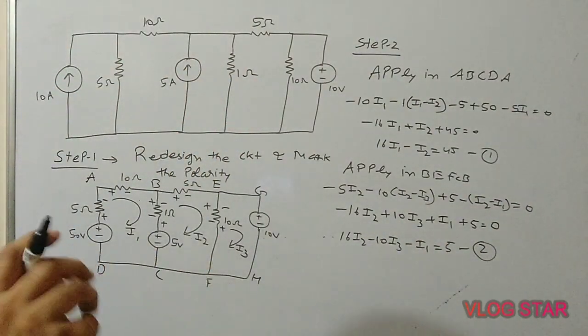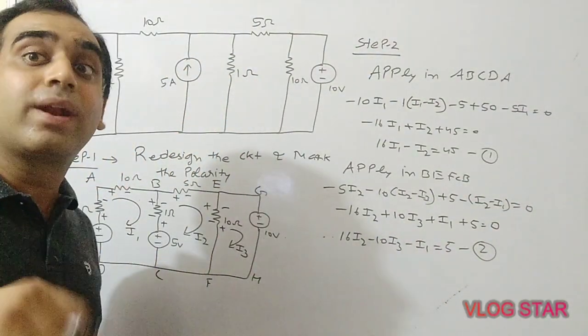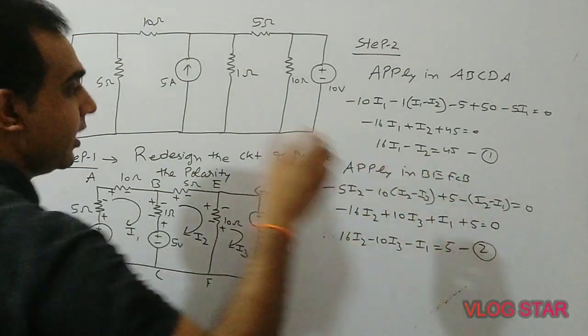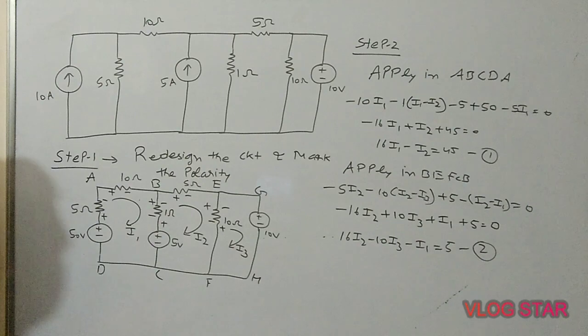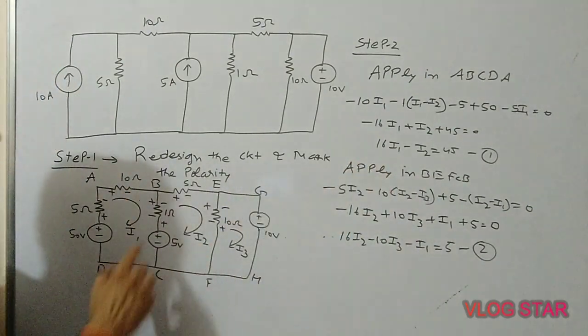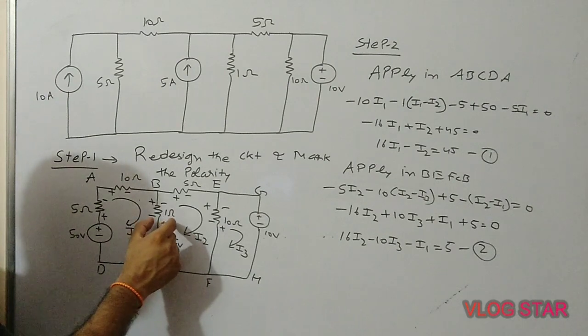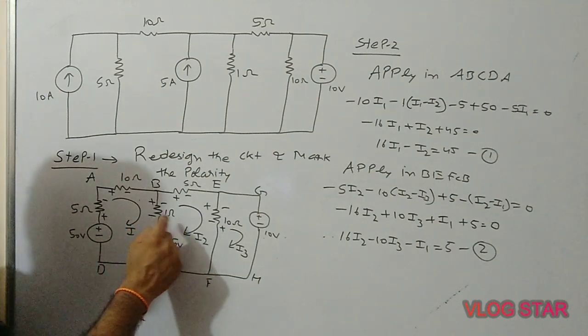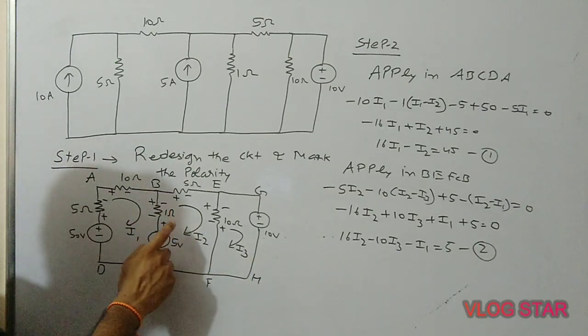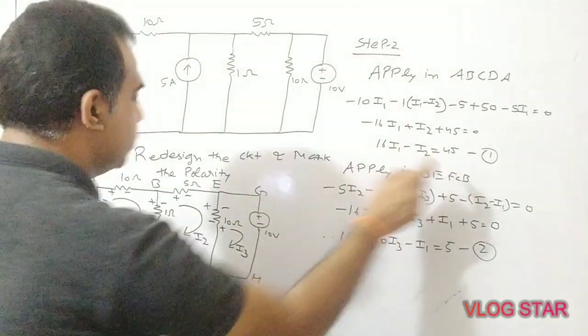I will tell you the trick for how to write the equation. Now this one, 16 I1 minus I2 equal to 45. How to write it? 5 plus 10, 15, 15 plus 1, 16, 16 I1. Then this branch is in the middle of I1 and I2, so subtract the second one, so this is minus I2 equal to 45.